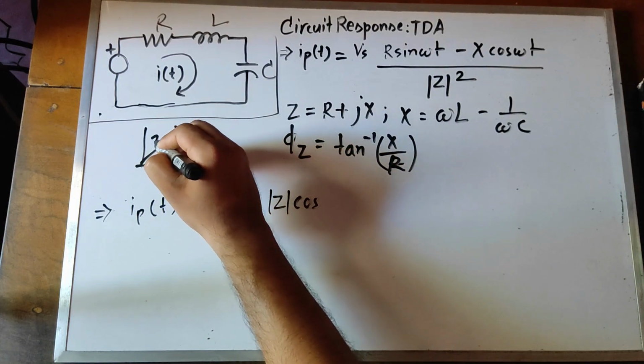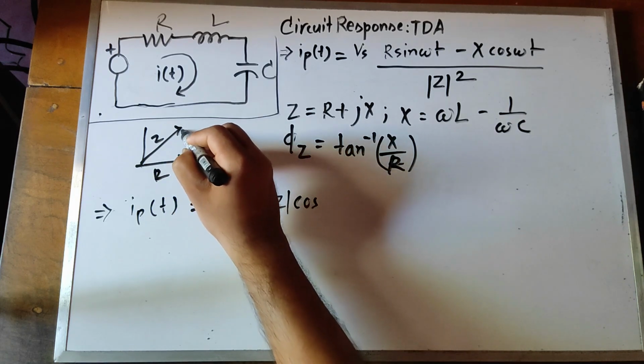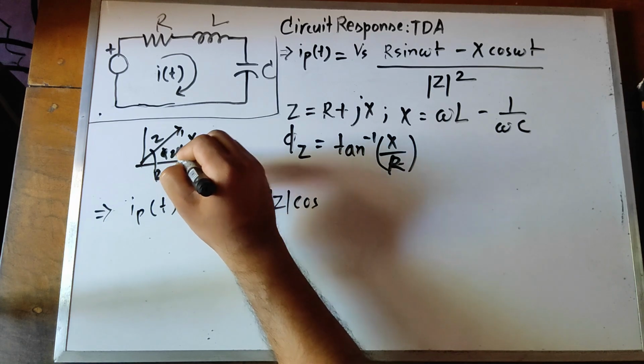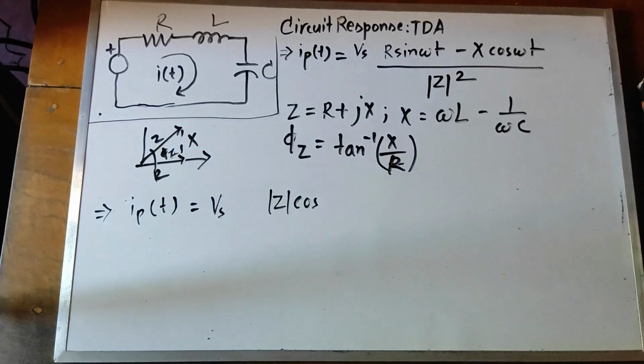If this is z, this will be r and this will be x, and this is phi, so this is phi z.